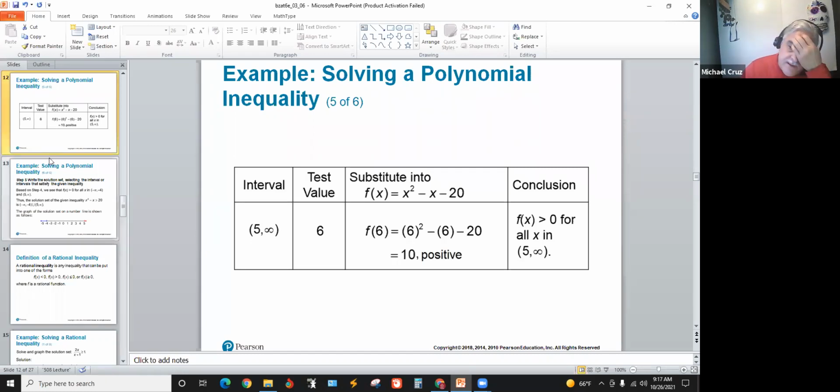All right, so we put 6 in there. 6 squared is 36. Minus 6 will give us 30. 30 minus 20 is 10. It's positive. So what we can conclude is that anything in that range is going to be greater than 0. Another way of looking at it is all of those things are in the solution set from 5, parenthesis, over to infinity.